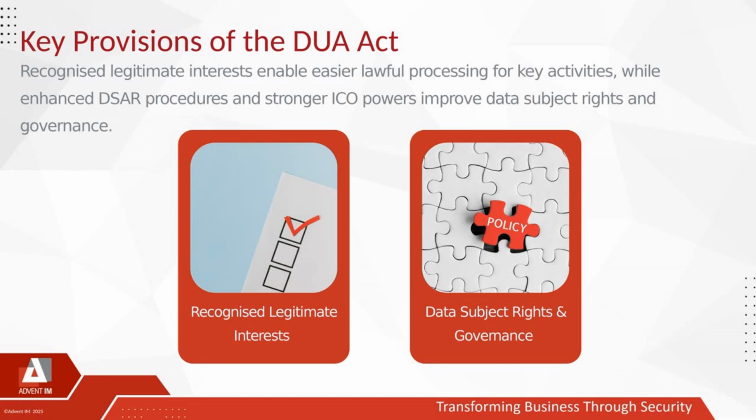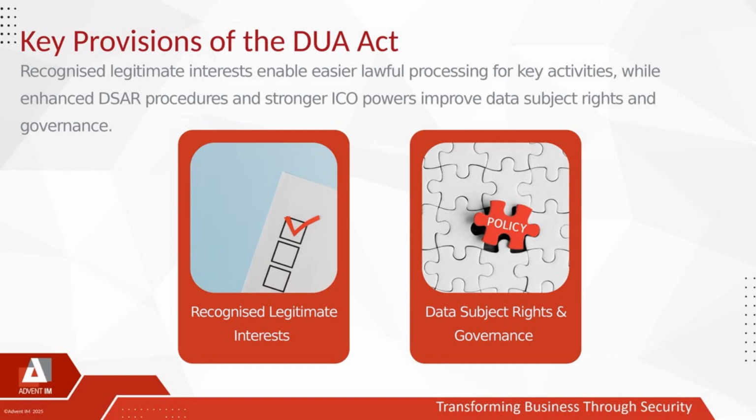Another area that I'm sure organisations will be very interested in is the changes around the use of subject access requests. And the first thing is the new grounds for refusing or charging for subject access requests.